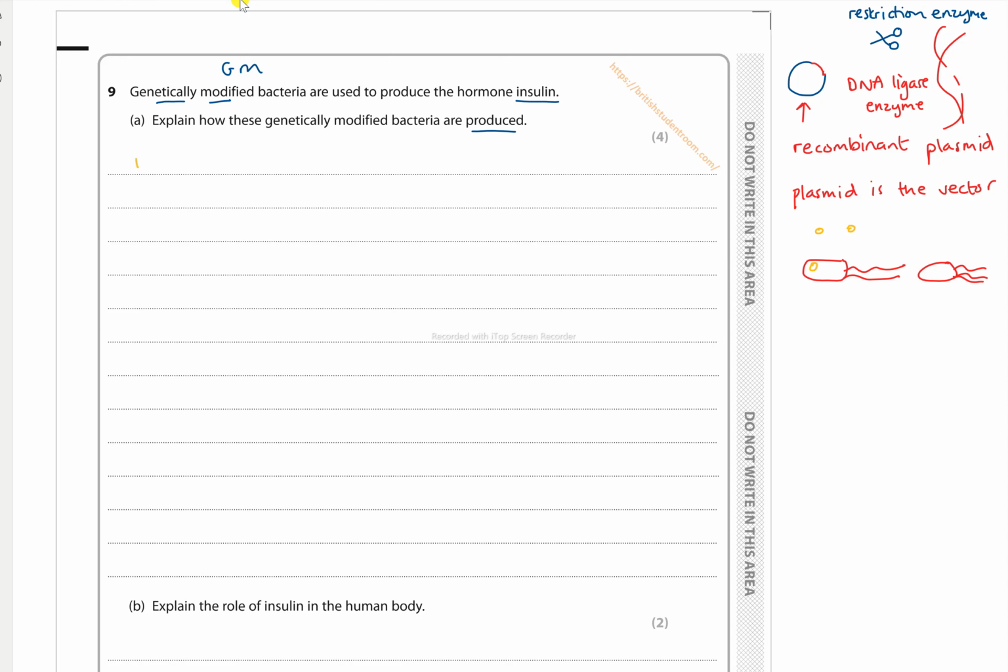So first thing, take a restriction enzyme and cut a gene out of the plasmid.